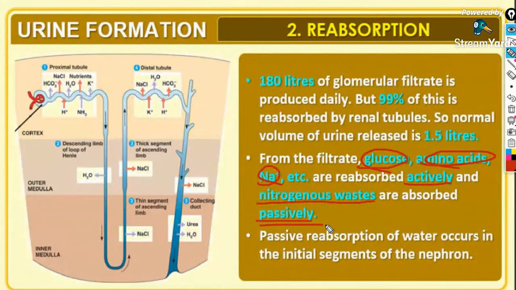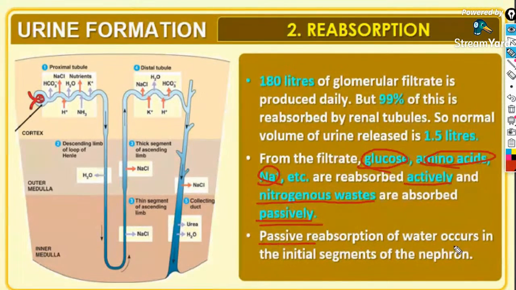All the essential filtrate components, that is glucose, amino acids, sodium, are actively reabsorbed into the body, whereas nitrogenous wastes such as ammonia, urea, uric acid, respectively in different organisms, are absorbed passively.